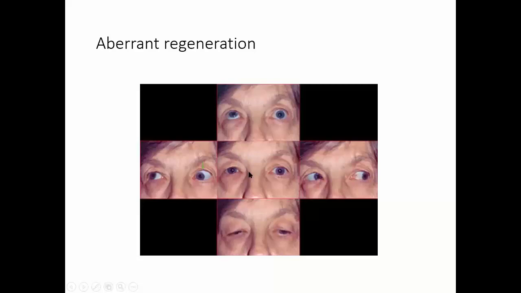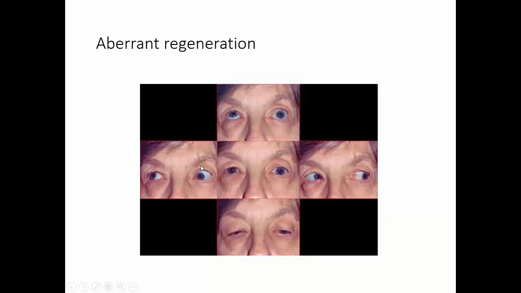You can see this patient has ptosis and elevation defect here. So the patient is having a third nerve palsy, an incomplete third nerve palsy. And what you see here is when the patient is trying to adduct, look to the medial side, the lid is elevating. The fibers that should have regenerated to form the medial rectus nerve are now going to the levator palpebrae.